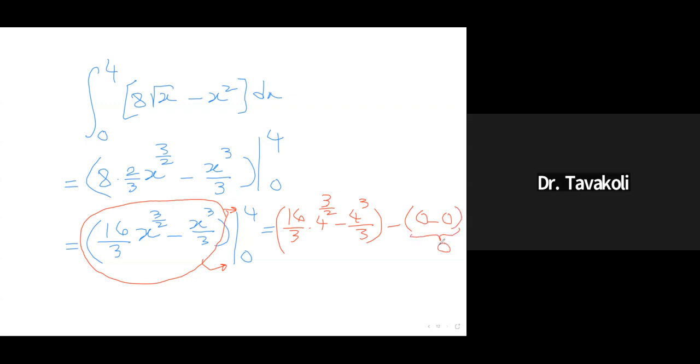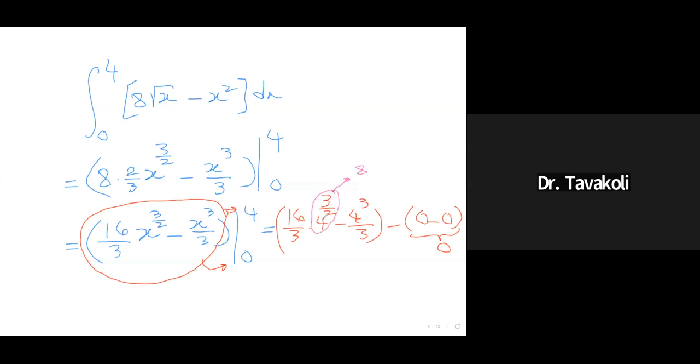It remains to calculate this. What is 4 to the power of 3/2? 4 to the power of 1/2 is radical 4, which is 2, and 2 cubed is 8. So this part is 8.